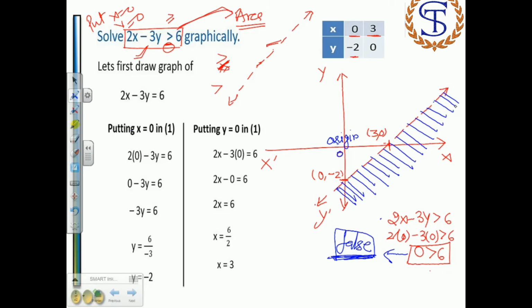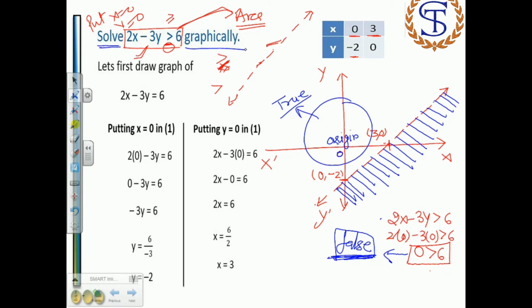But if it was true, then we have to shade the portion in which the origin lies. When do we shade this portion? When the given statement was true. Okay? Now here we have learned the concept of how we can solve a linear inequality graphically.